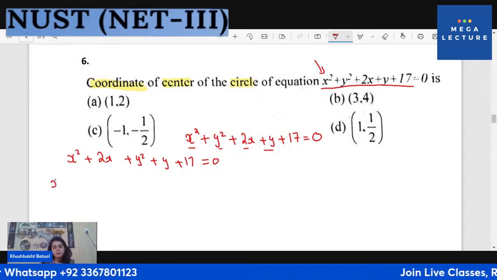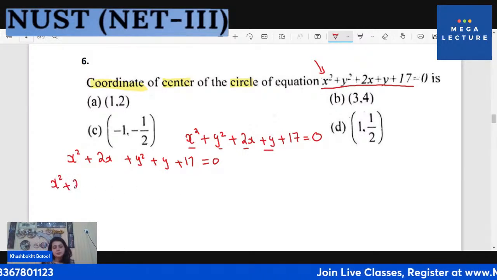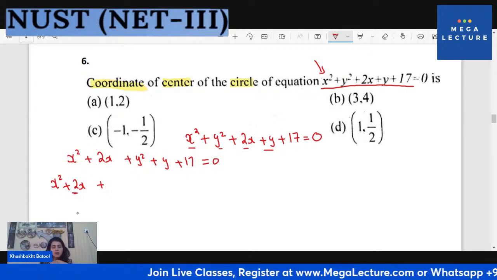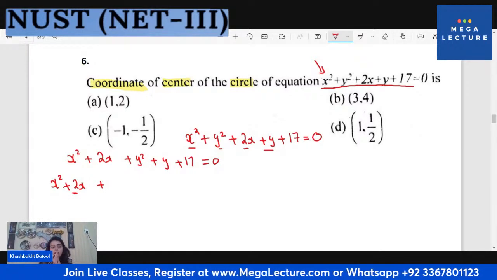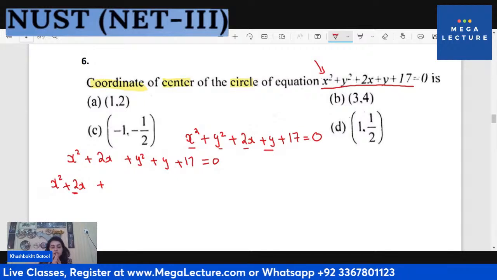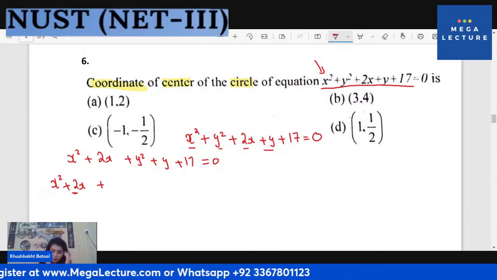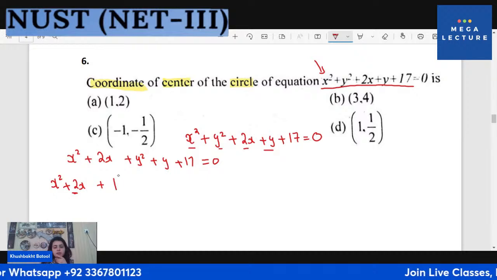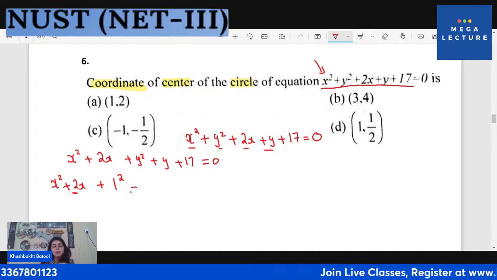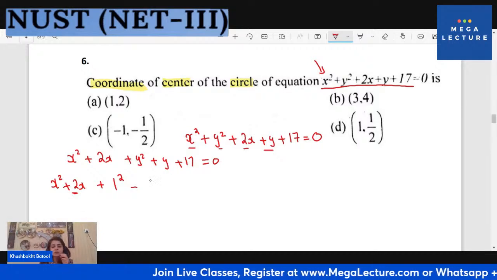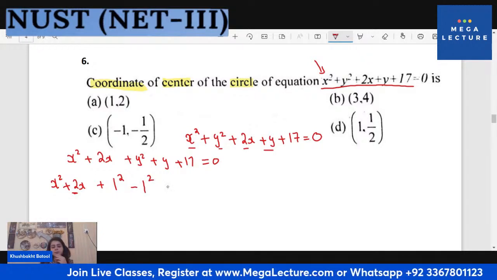Now x squared plus 2x plus half of this number. Now guys, I am using the completing square method to find the coordinates of the center. So this would be the half of 2, that is 1 squared, and obviously if I'm adding something in an equation, in order to neutralize it I need to subtract that as well.